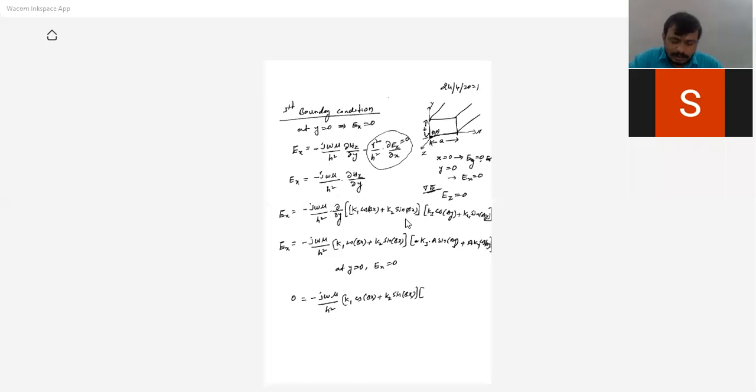So in first term, this is 0. So sin 0 is 0. This is 0 here. So cos 0, this is A into K4.